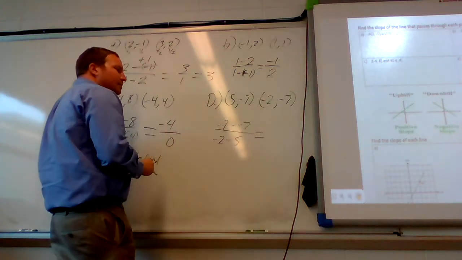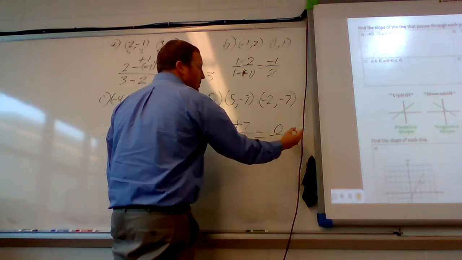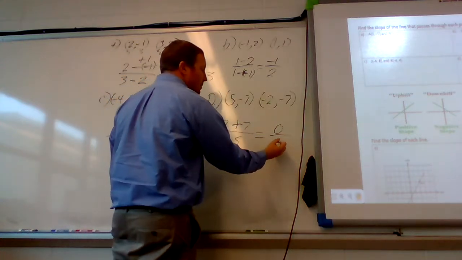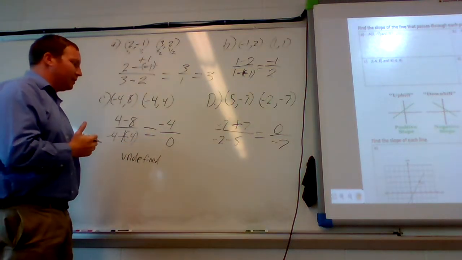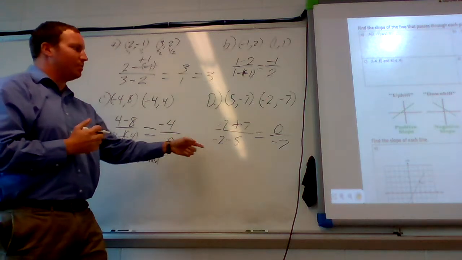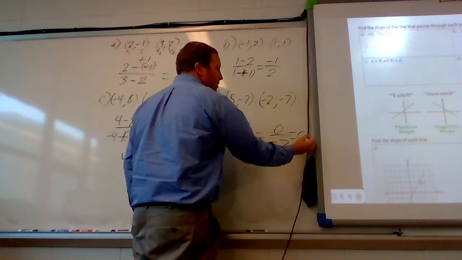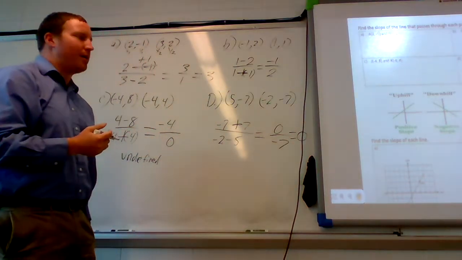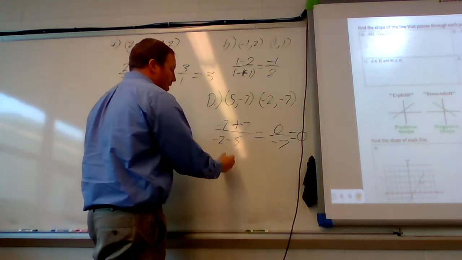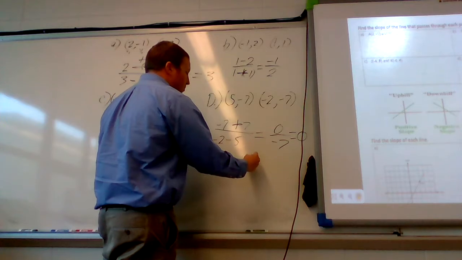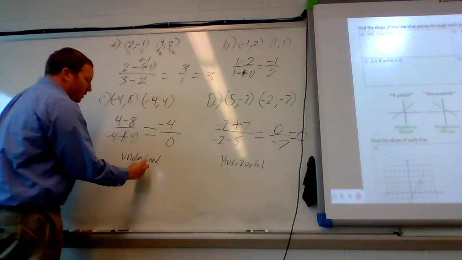That is going to get us negative 7 plus 7, which is 0. Negative 2 minus 5 gets us a negative 7. So this one's not undefined. We can't divide by 0, but 0 divided by a number just gets us 0. So this is our slope of 0, or we can think of it as our horizontal line. Our undefined line is our vertical line.